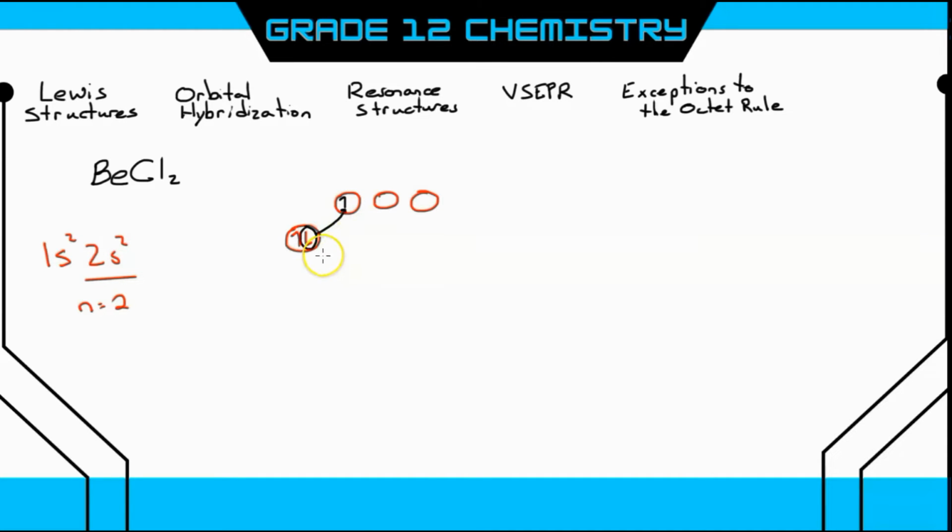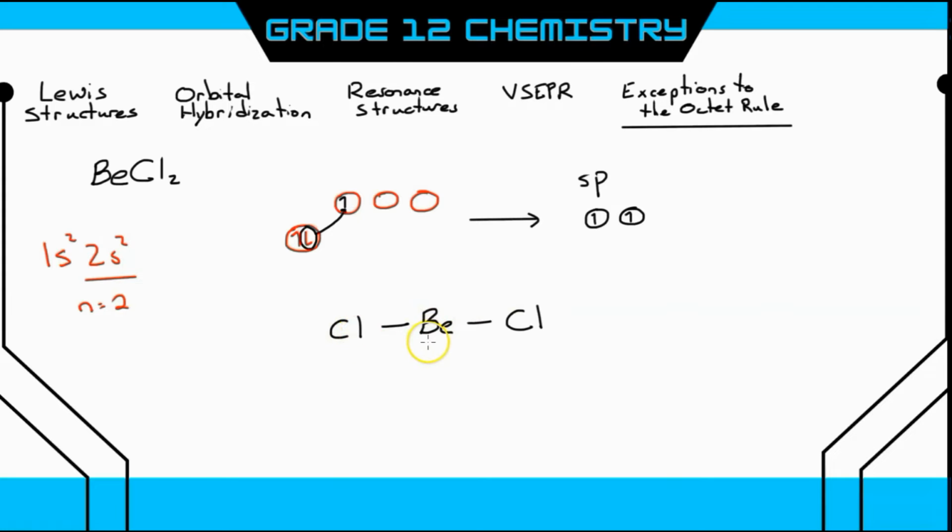And then to make sure that these orbitals have equal energies, it creates our sp hybridized orbital, where we have 2 bonding pairs. So this is also an exception to the octet rule, because beryllium will just be happy with 2 bonding pairs. So we'll put beryllium in the center, because it has the most bonding options here, and 2 chlorines, 1 here and 1 here.